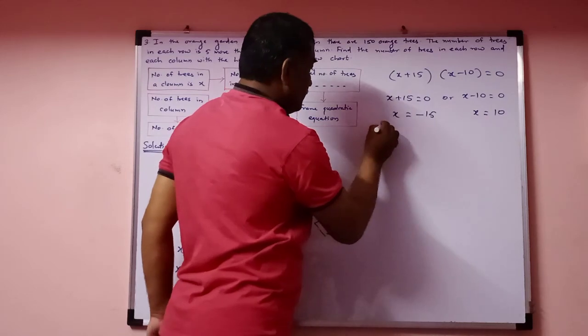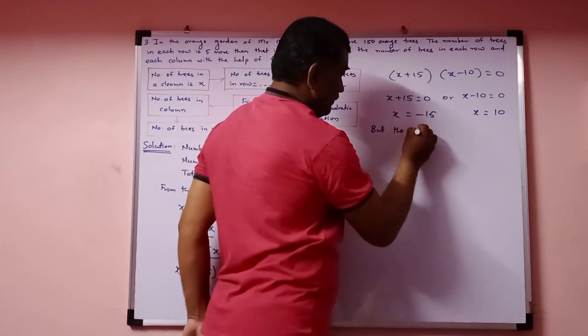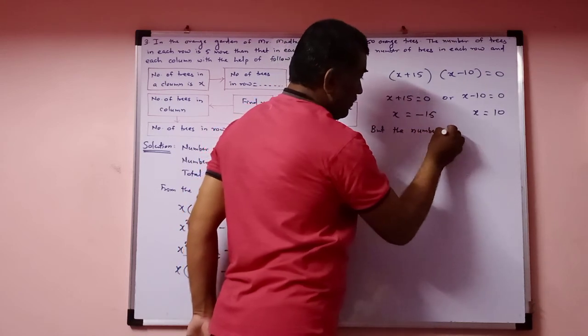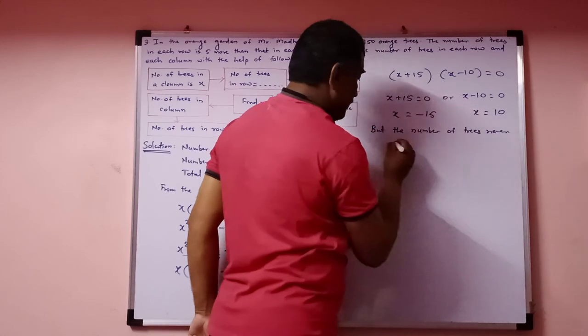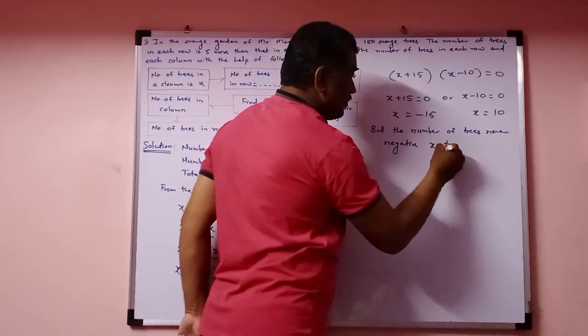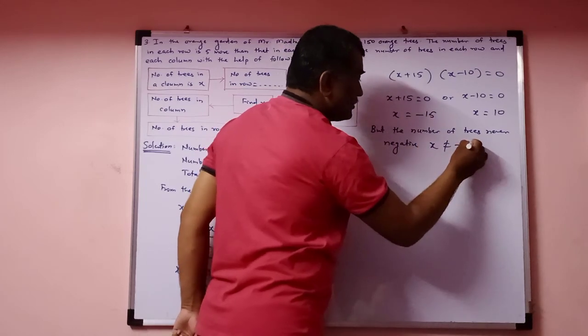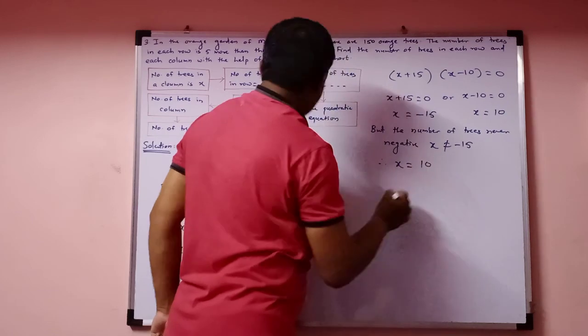But the number of trees is never negative. X is not equal to minus 15, therefore x is equal to 10.